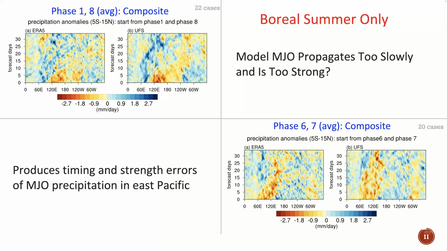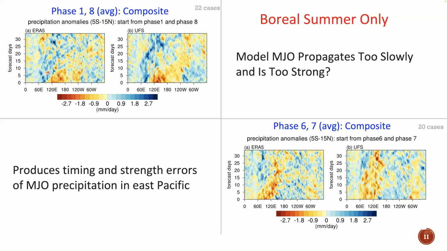One interesting thing about this behavior in UFS is that, especially in the subseasonal range of this forecast, it tends to lock into a dipolar-like pattern where you get enhanced precipitation near the Maritime Continent and Western Pacific and suppressed precipitation over the Eastern Pacific. So you get this dipolar-like pattern that locks in with UFS.